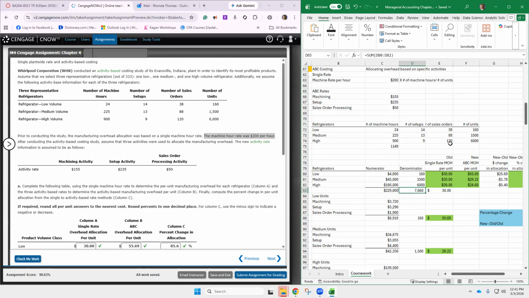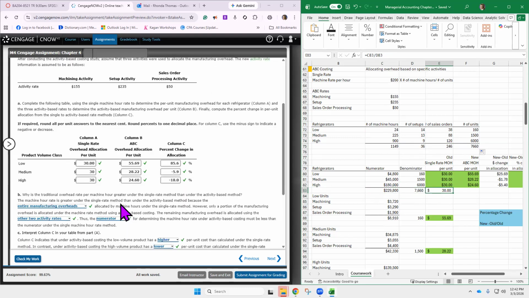Remember, this is number of machine hours. You could go across here and see what all these add up to, which isn't a bad thing to know. Of your setups, there's how many, 7,660. That needs to be divided into 229,800. There's where you get your $30. So 30, 30, and 30. But if you do them separate, you'll still get 30 as well.